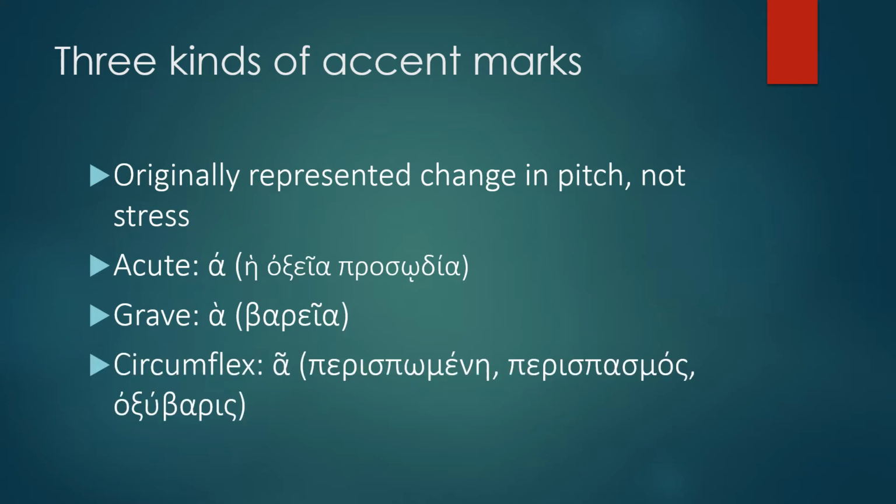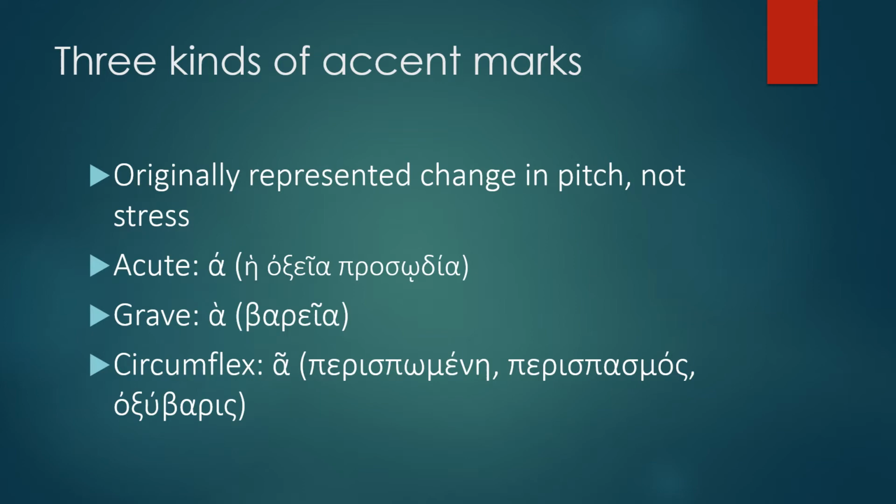Third is a combination of the two, the circumflex. And there are various terms for these. There's the accent, the prosodia, which is perispomene, which means a wheeling or a drawing around. But you also have perispasmos, and sort of more indicative of what's going on, oxubaris, the sharp flat, the up down, the acute grave.